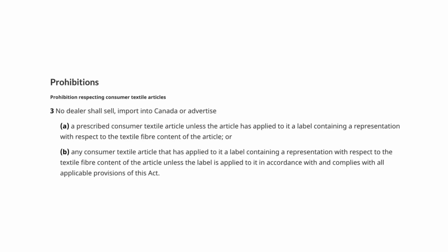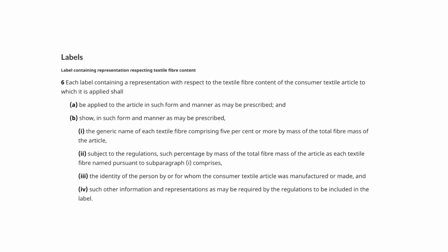So first we have prohibitions, that no company can sell textile products that do not have a label that contains the textile fiber content. And you can also find more straightforward labeling requirements in terms of the label content in section 6. For example, again, you need to specify the generic name of the textile fibers. Could be more than one, if it's above 5%.